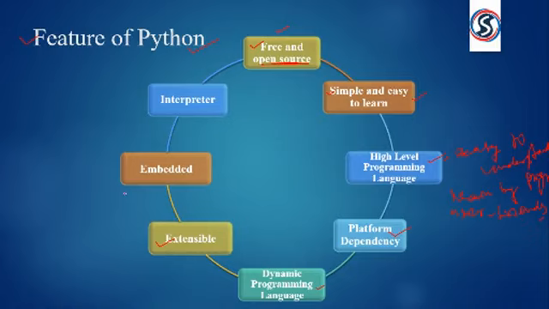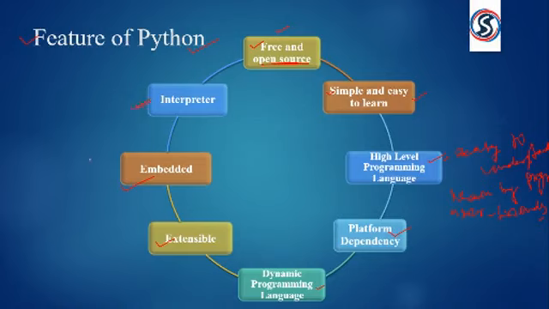Now, embedded. Python provides you the ability to implement some of the functionality of your application in Python. Or you can also say that we can use the Python program in any other language program, and we can embed the Python program anywhere. Now, what is the meaning of interpreter?